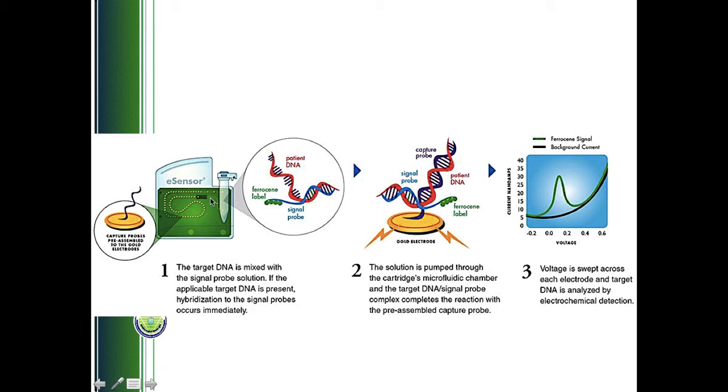Then there is a microfluidic device in which a single stranded nucleic acid complementary to this immobilized nucleic acid, with a probe, is added and the patient's sample is added. Remember, the patient's sample will have purified RNA which does not have any probe, but our system itself has a purified nucleic acid which has a probe.